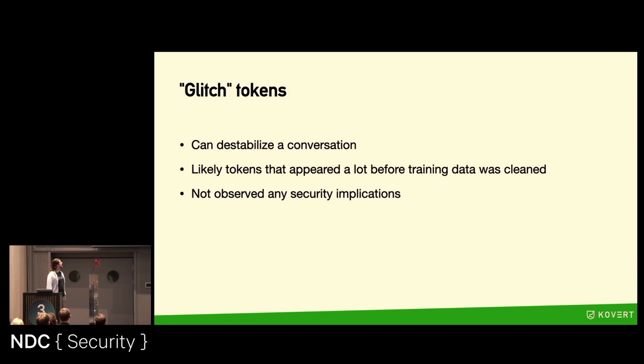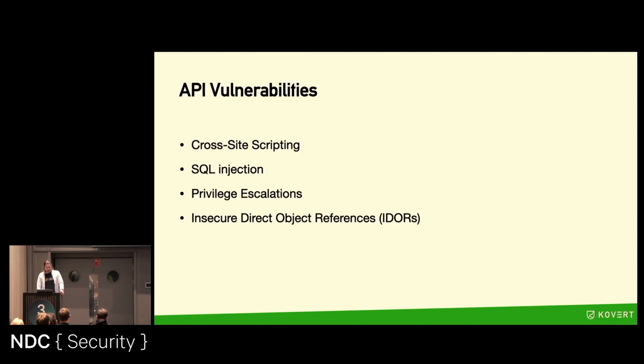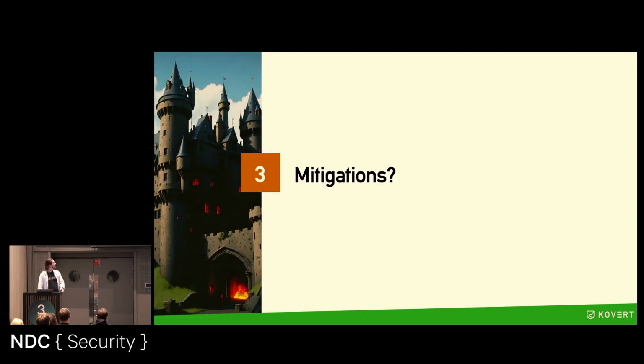But I haven't really observed any security implications from this yet. I mean, I can imagine that this isn't good for it, but apparently it's not something to worry about yet, at least. Then just the traditional API vulnerabilities that we see all the time: cross-site scripting, SQL injection, privilege escalations, all that.